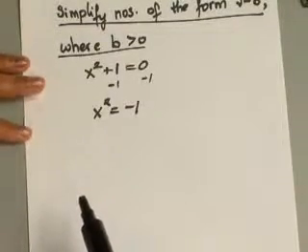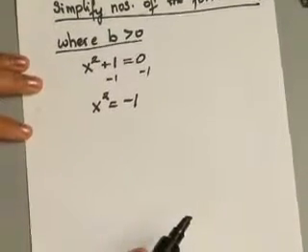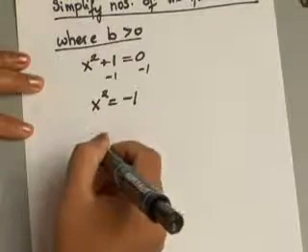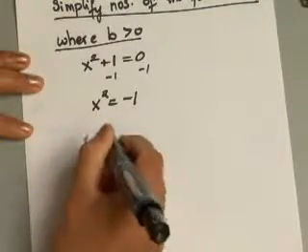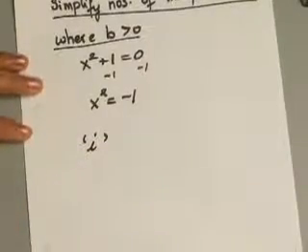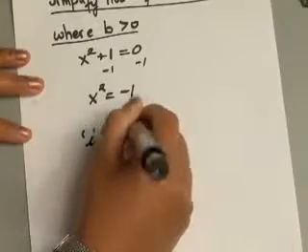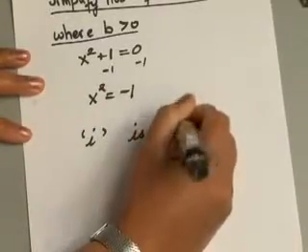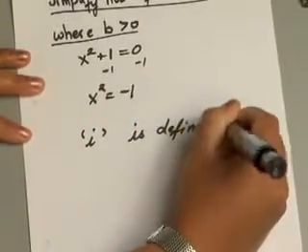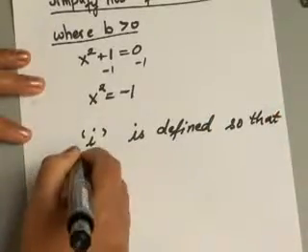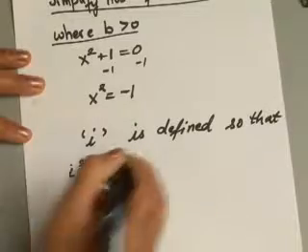So what we do here is we introduce a new number, which is what we call the number i. And what exactly is i? Basically, i is defined so that i squared will equal negative 1.